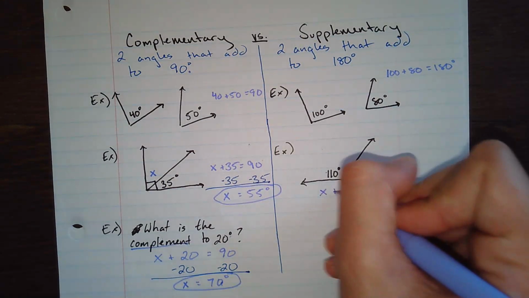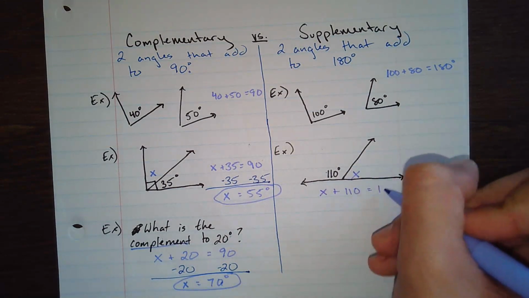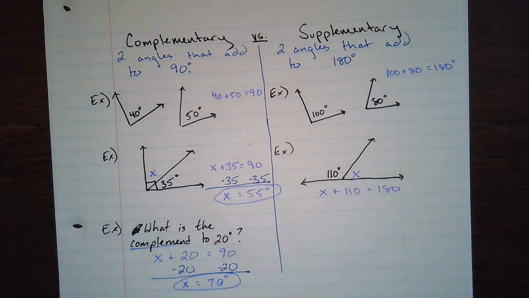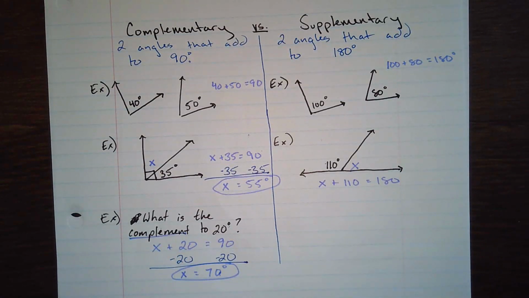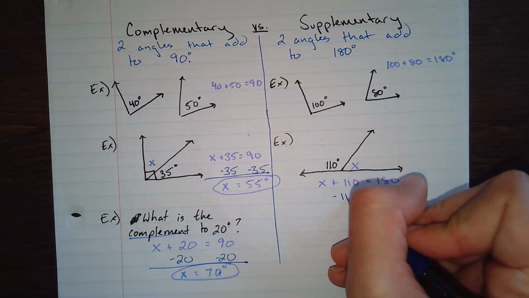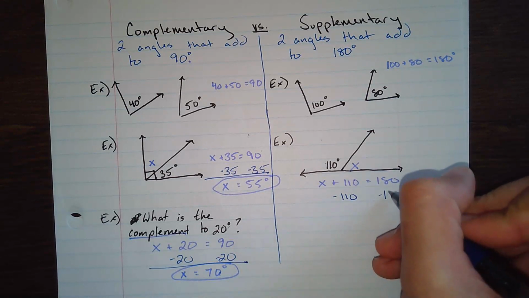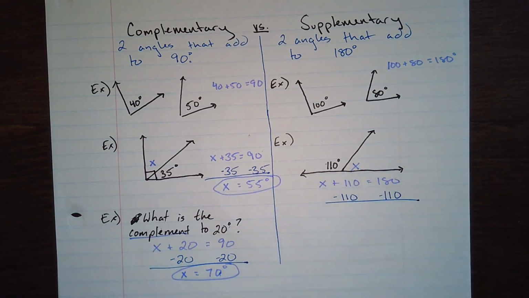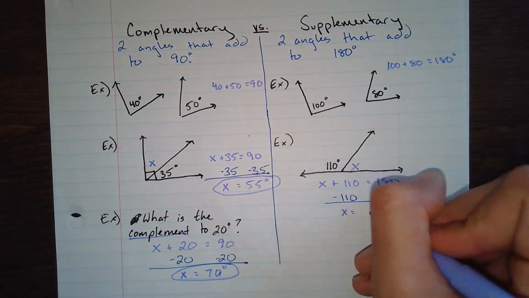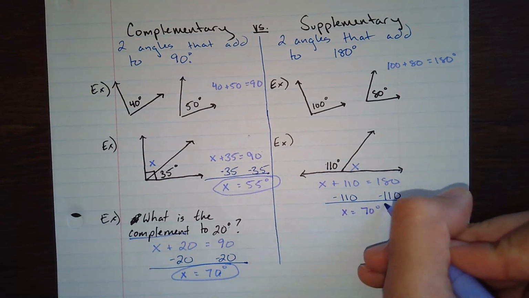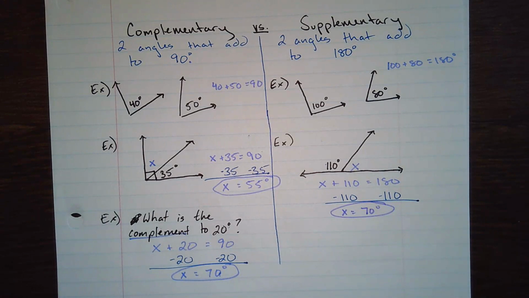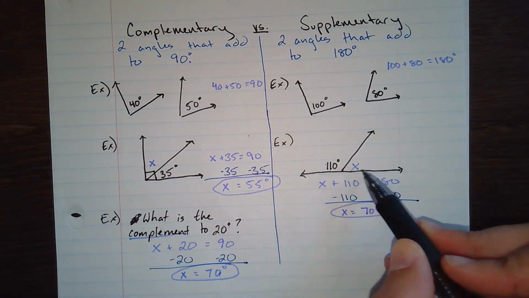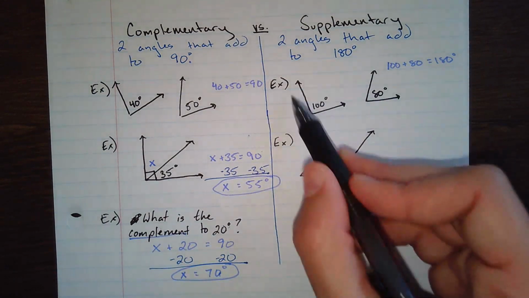So x plus 110 equals 180. We want to get rid of the 110, so we subtract. And we're left at x equals 70. So we might see it in a picture like this. We might see it in a picture like that.